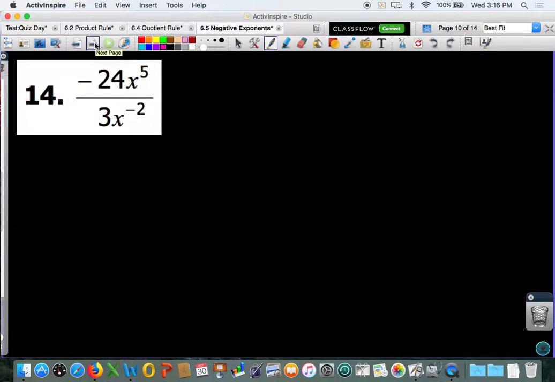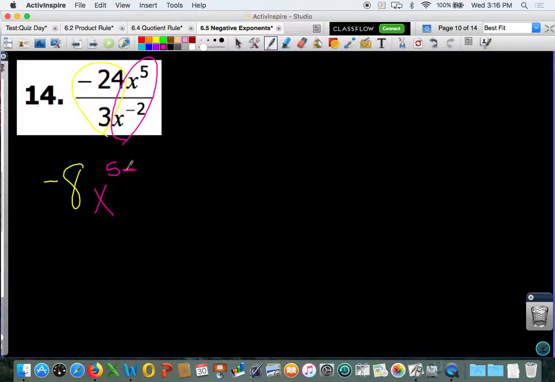Let's go ahead and completely do everything. So I've got, before I start worrying about my negative exponents, I need to go ahead and take care of everything else. Negative 24 divided by 3 is negative 8. I've got x to the 5th divided by x to the negative 2. Here's where it gets really tricky. I have x to the 5th.